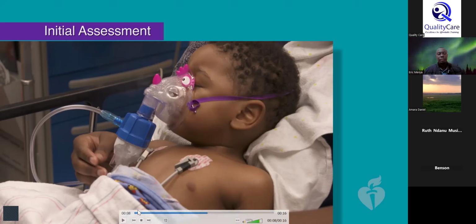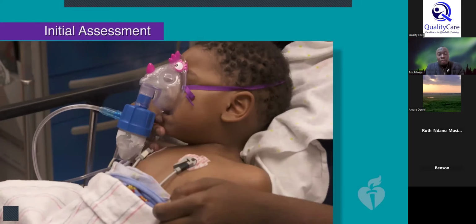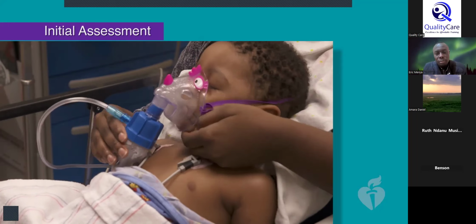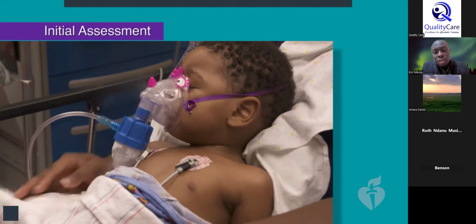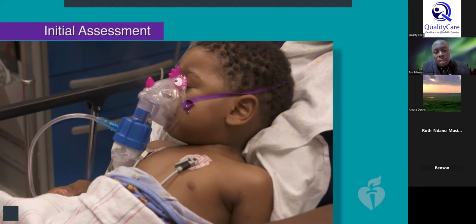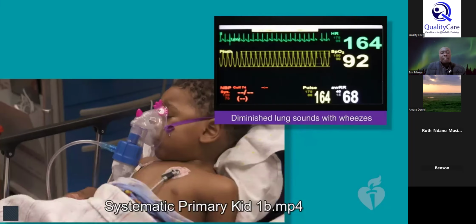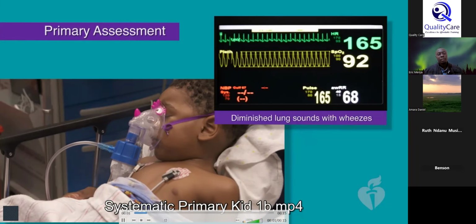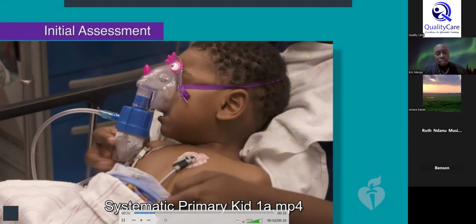The work of breathing is increased. The child is in visible respiratory distress. Couldn't count the respiratory rate, but he appears to be tachypneic. There is a supraclavicular retraction and use of accessory muscles of breathing.